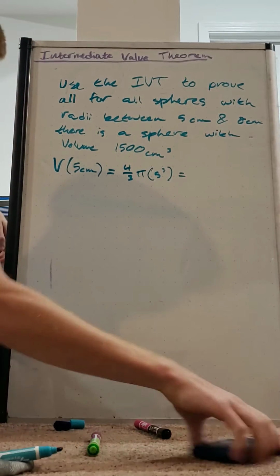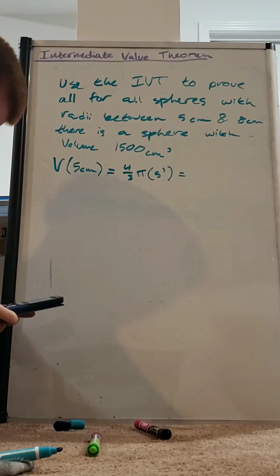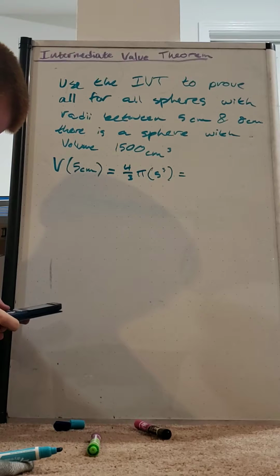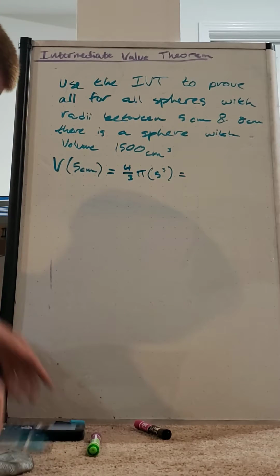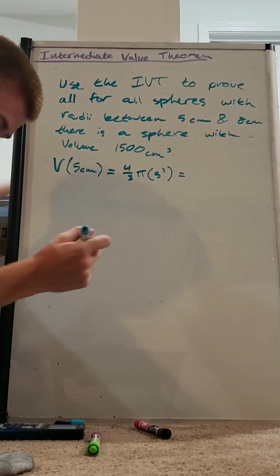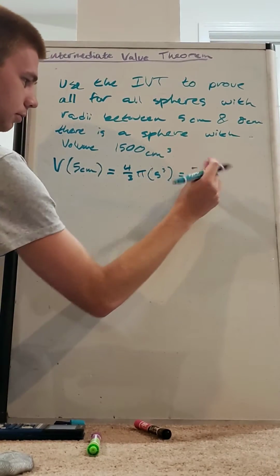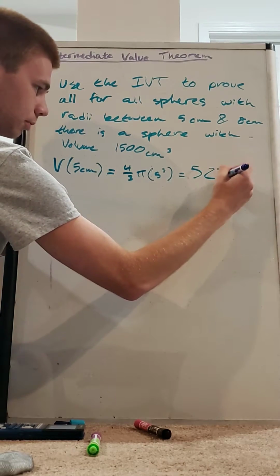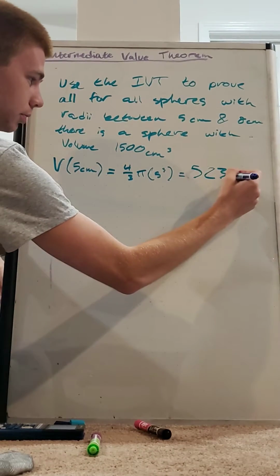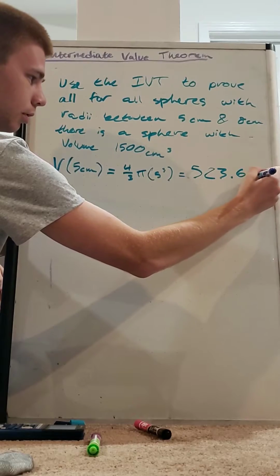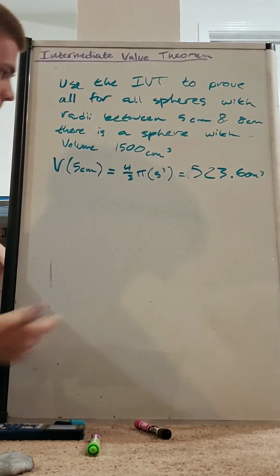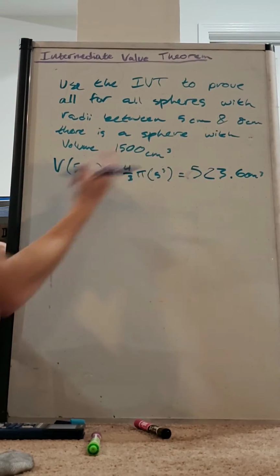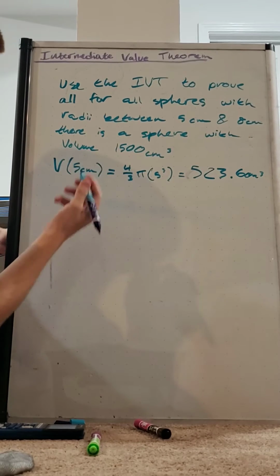And we'll have to use a calculator for this one. All right, and that gives us 523.6 centimeters cubed. And so now we have to find the volume when the radius is 8 centimeters.